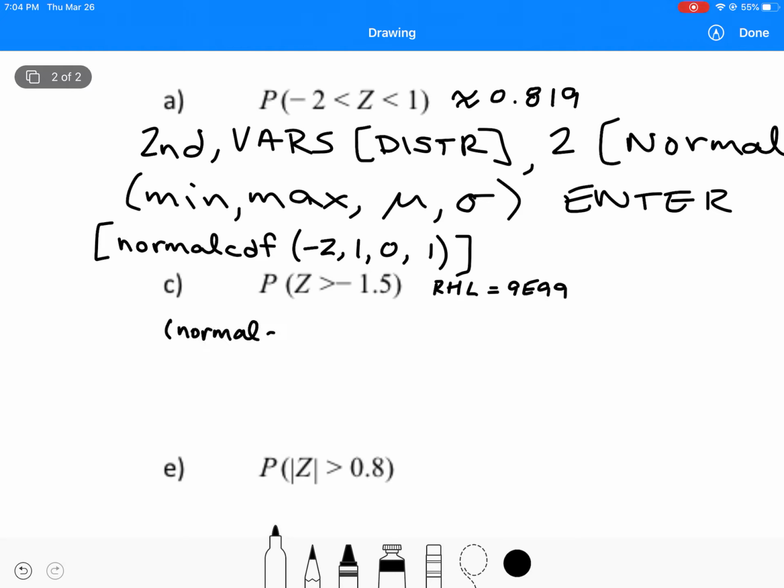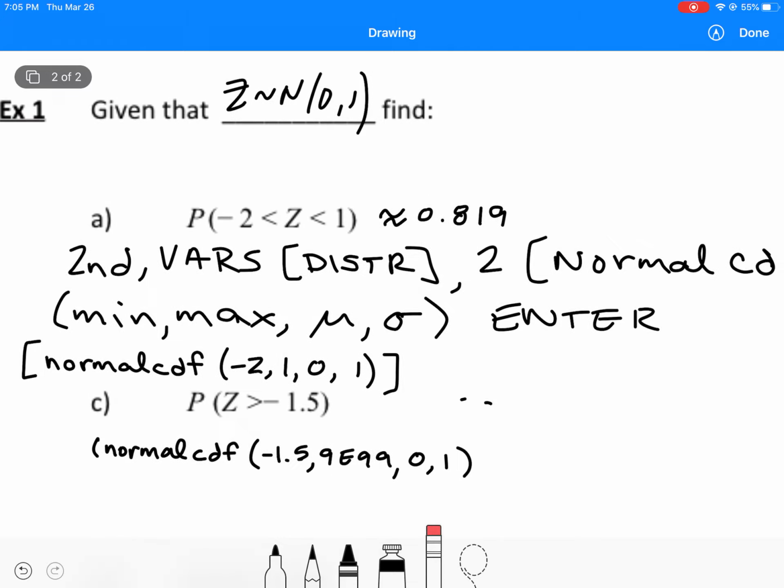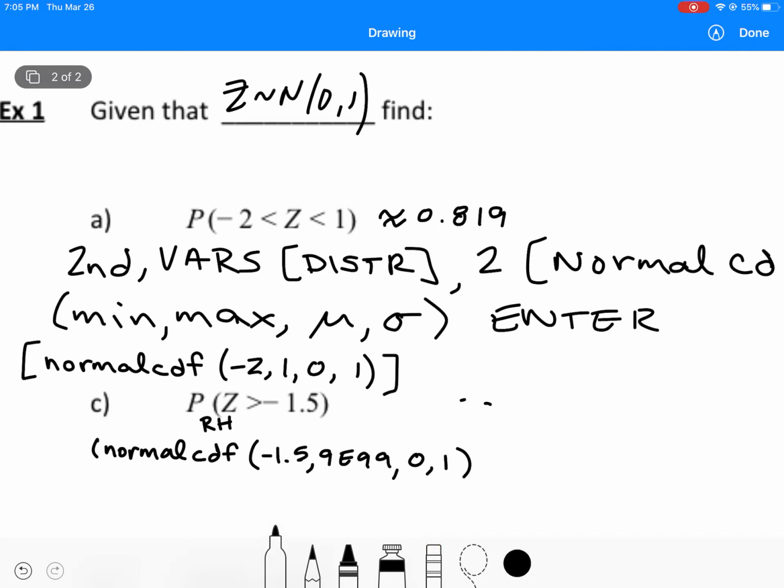You should enter normal CDF, your left interval, your right interval, and then the parameters of your normal distribution, which in this case are 0 and 1. So our right-hand limit is approximately 0.933. That's the probability that our random variable z is greater than minus 1.5.